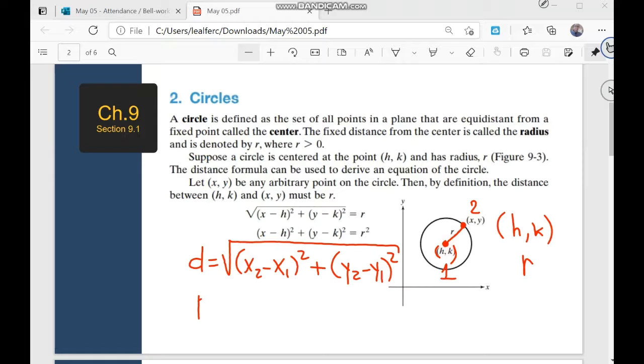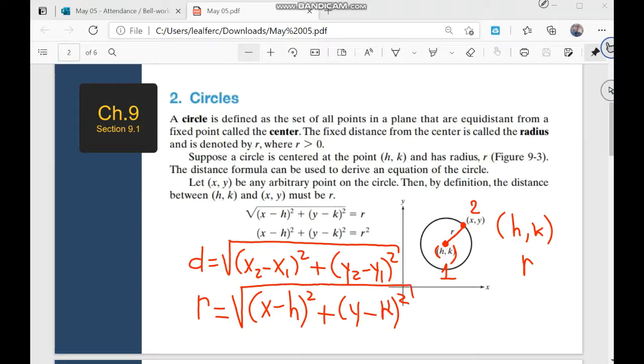So distance r equals the square root. x2 is going to be x, and x1 equals h, squared, plus y2 equals y, and y1 equals k. This whole thing is under the square root.